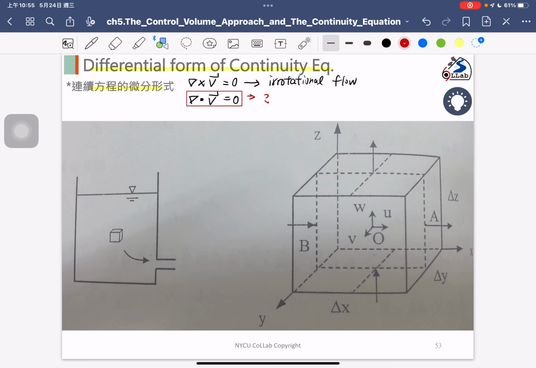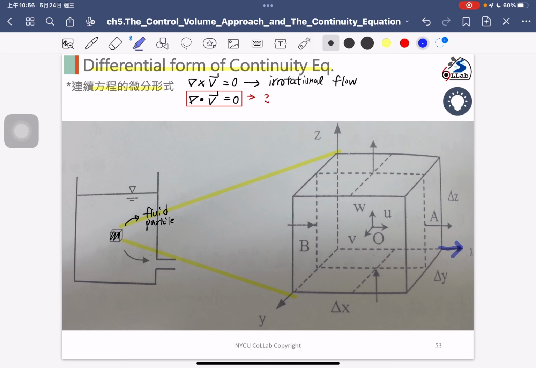So first I pick out one cube. This is my fluid particle, but it's a very small cube. I can zoom in to see the cube. As this is the fluid cube, I define the dimensions.